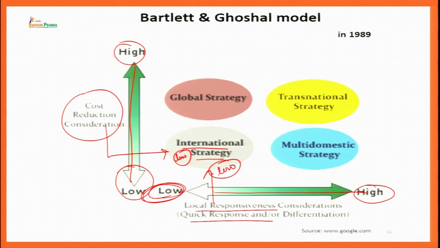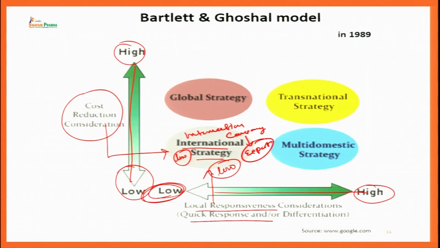Equally, they do not have to customize the product as per the taste and preference of the international market. So what kind of strategy is this? This kind of company is going to be an international company. What do they do? They are into only export.